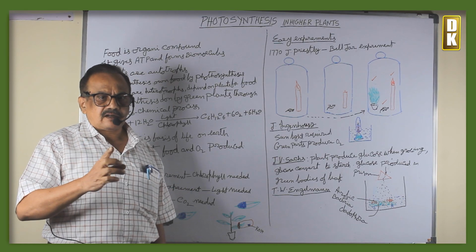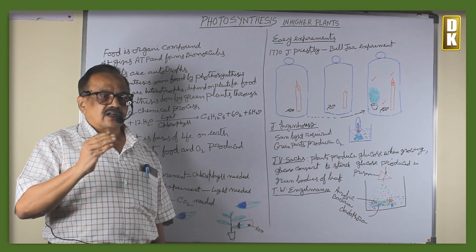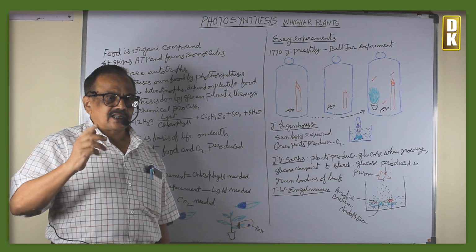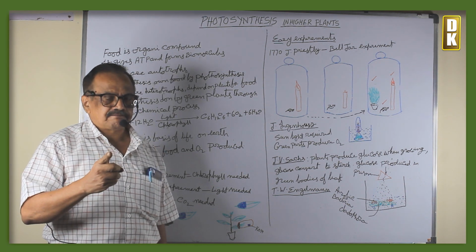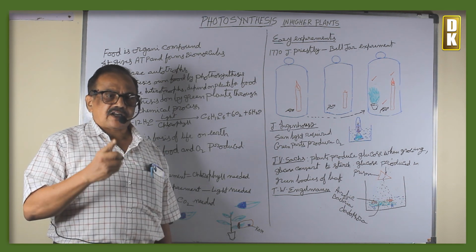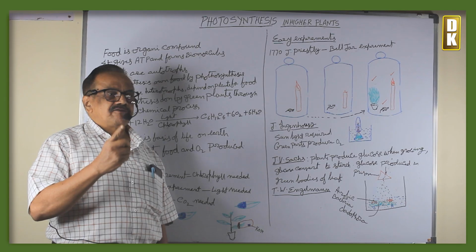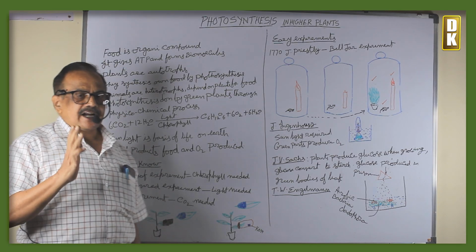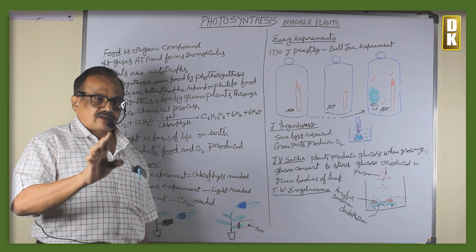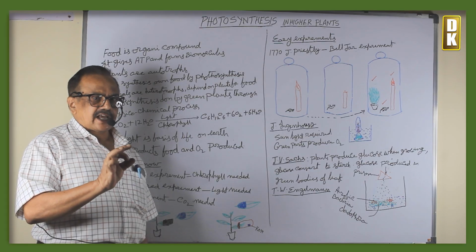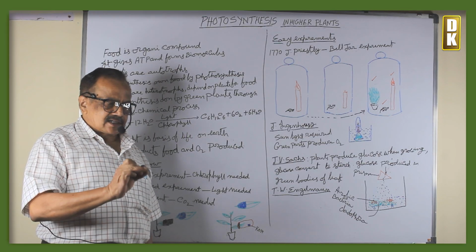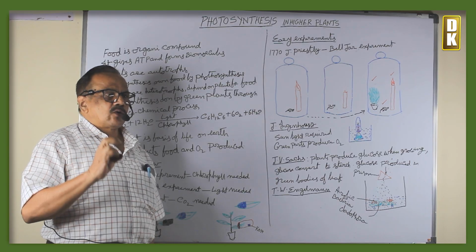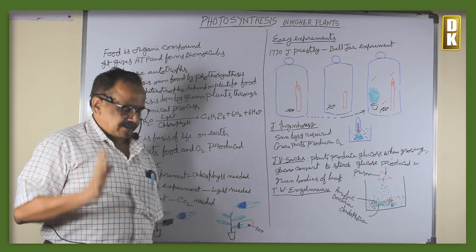In this channel, all the botany part, whatever comes under biology in the NCERT for the CBSE class, will be covered. In that, first I chose plant physiology. In plant physiology, there are three topics: one is photosynthesis in higher plants, second is respiration in plants, and third is plant growth and development.